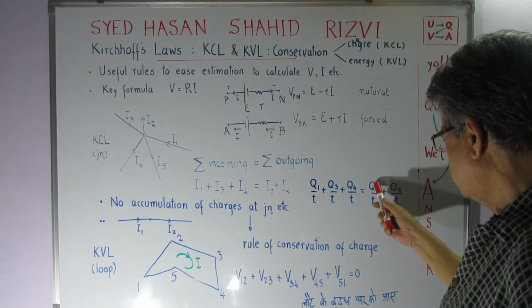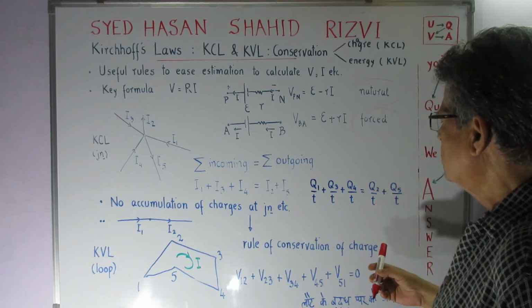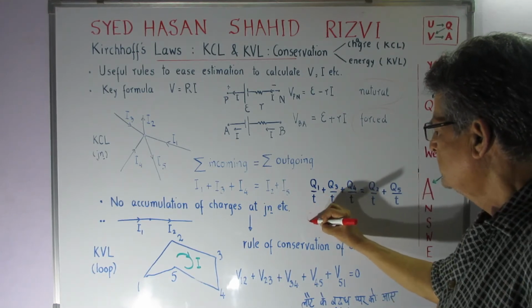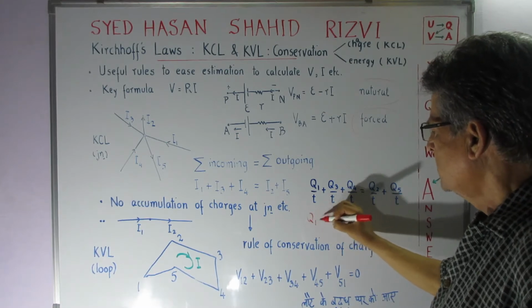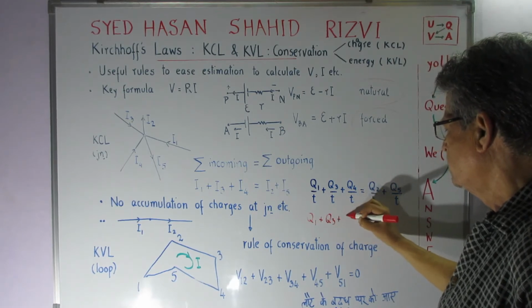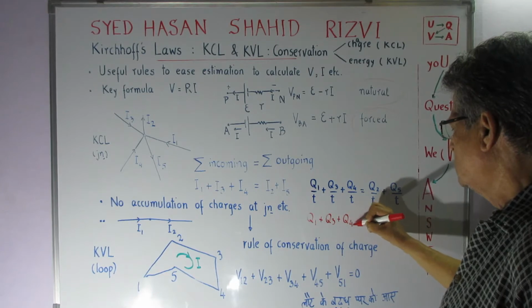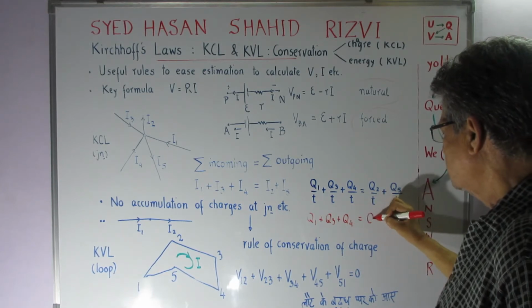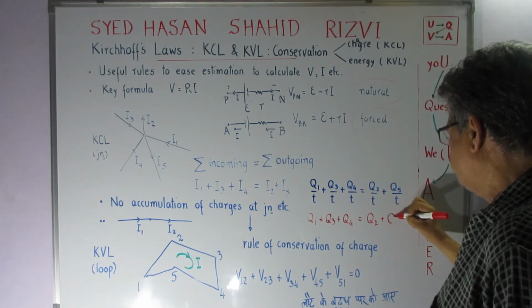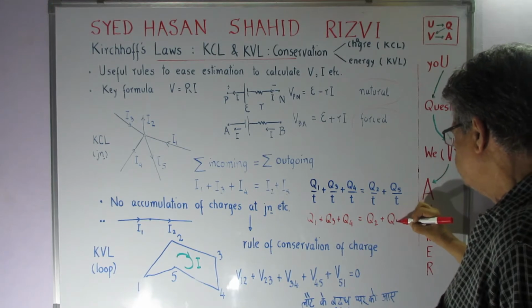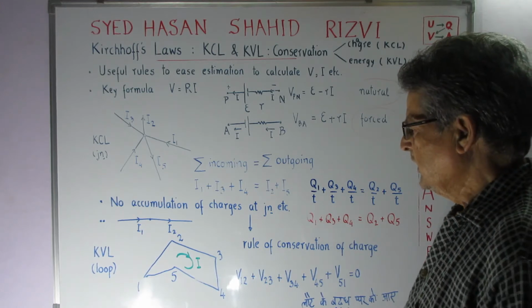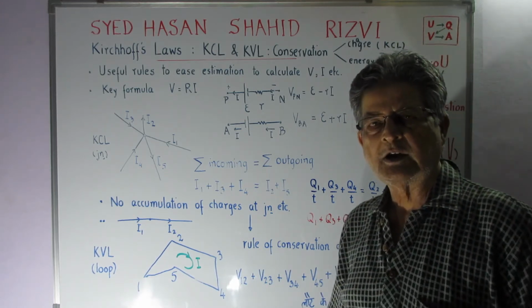For the outgoing, Q2 upon T plus Q5 upon T. All these T's will cancel out, and therefore we will get the sum of the incoming charges Q1 plus Q3 plus Q4 is equal to Q2 plus Q5.